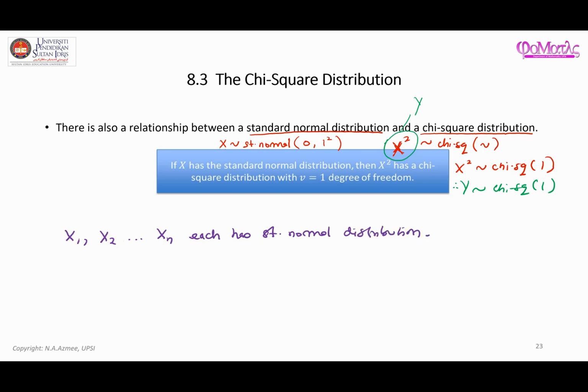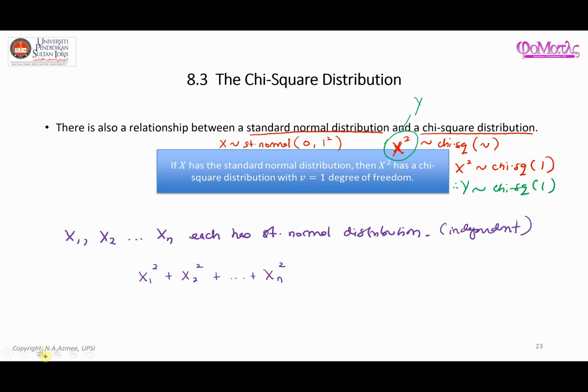Each of them has a standard normal distribution. Therefore, if I consider all these values and I square them, and because they are independent, each is also independent.